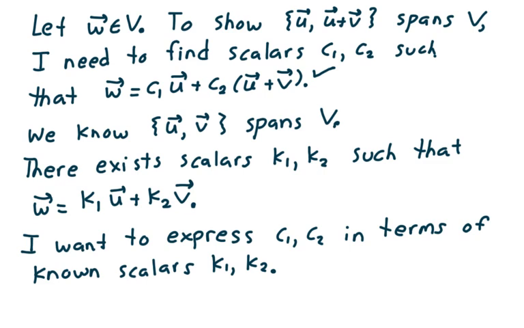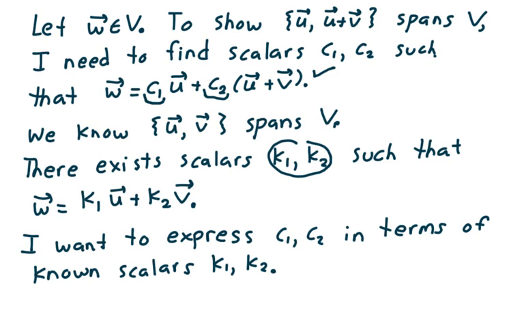If I can do that, that means I can write W as a linear combination of u and u plus v. Because right now, we don't know what these scalars are. We have no idea. But we do know what these scalars are because it's given that the vectors u and v in that set span the vector space.